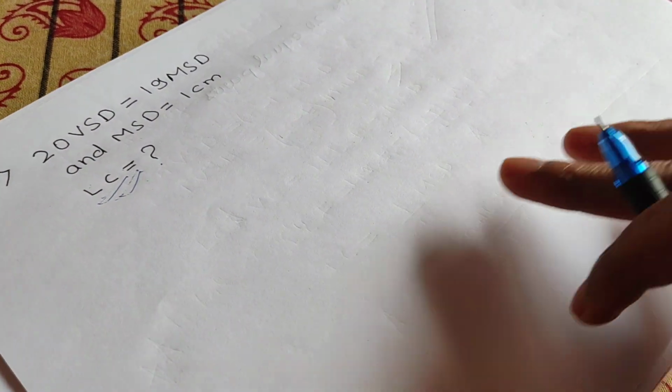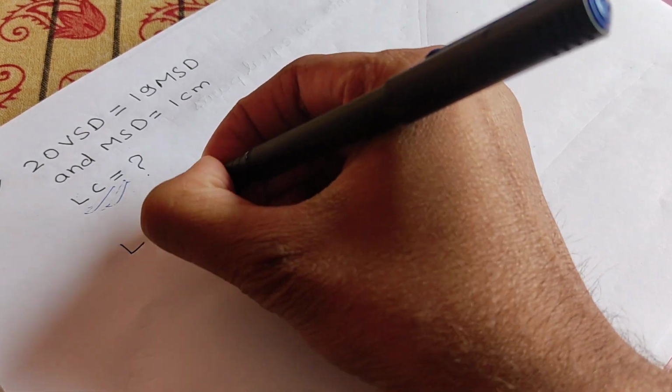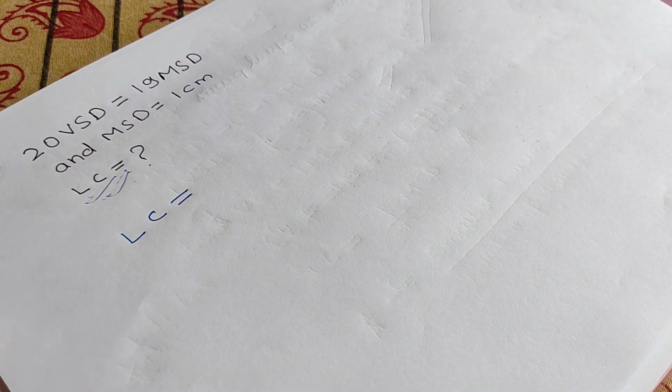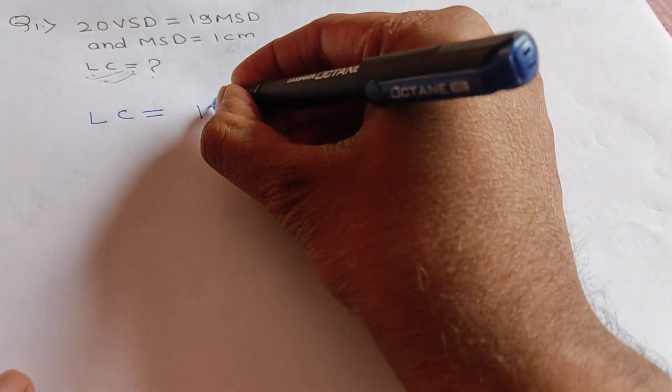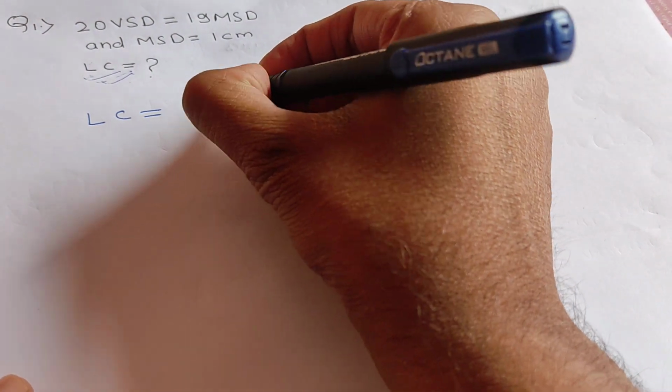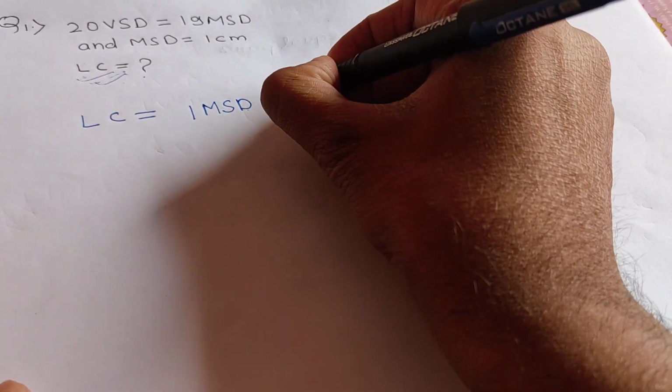The least count is equal to 1 MSD minus 1 VSD.